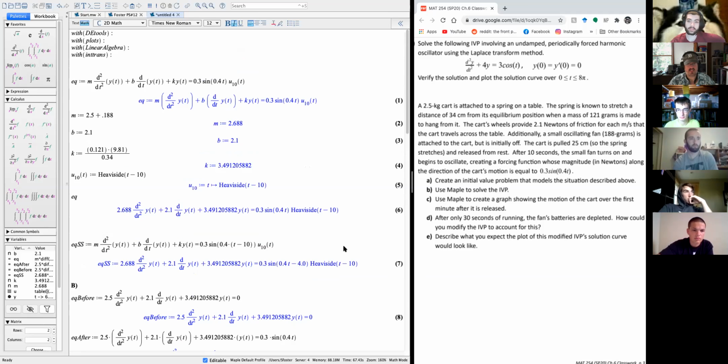Is it safe to say that the two different equations are going to produce two different results? Not so much in the long run, right?